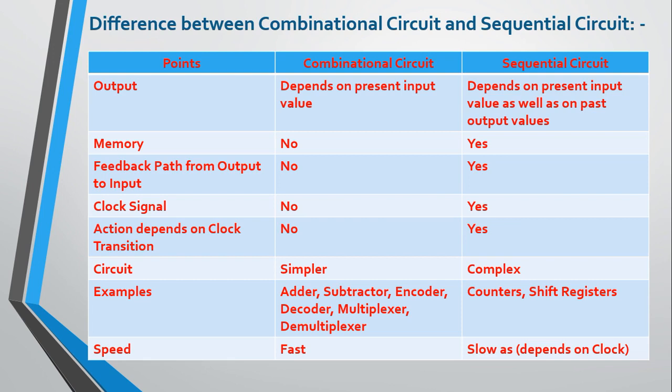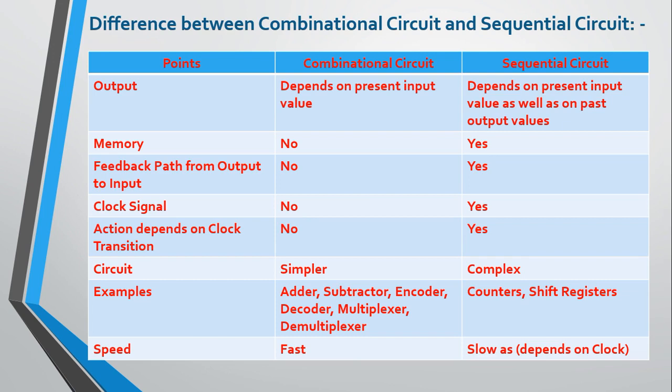Always write the difference as point wise, so that it is easy to remember. The first point is of output. If you referred to the previous session properly, you can easily write the following points. Say for example, the first point is regarding the output.